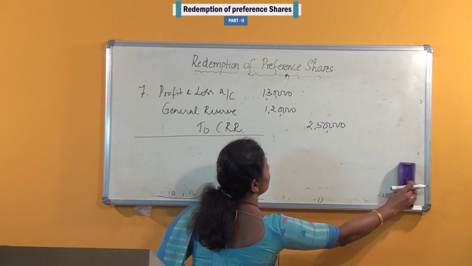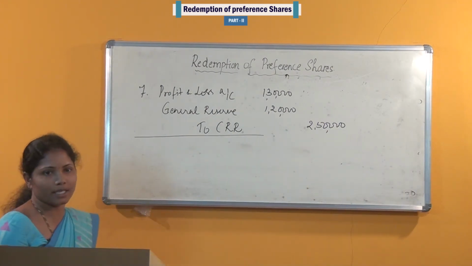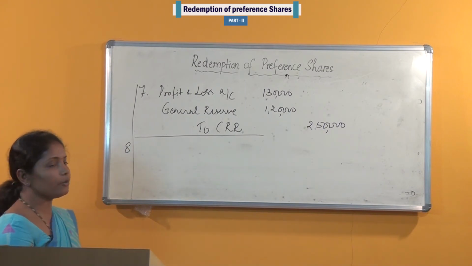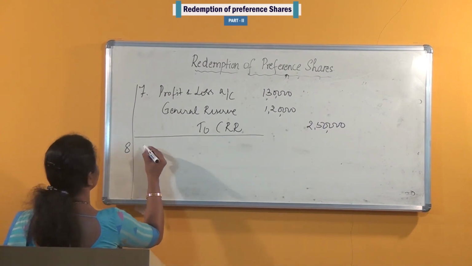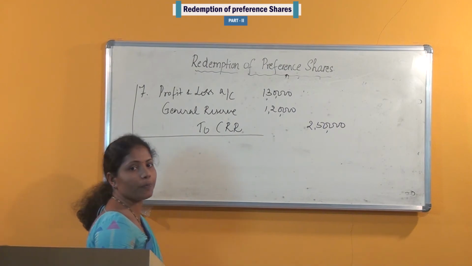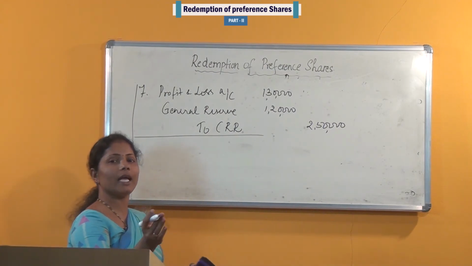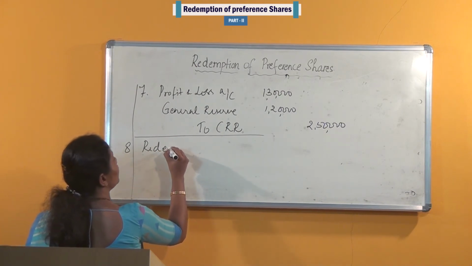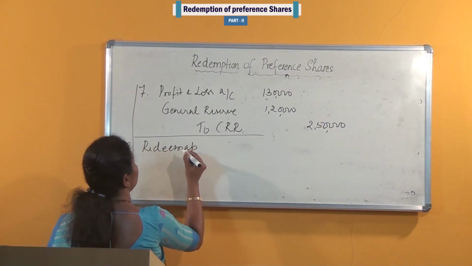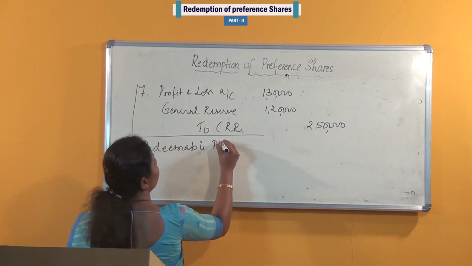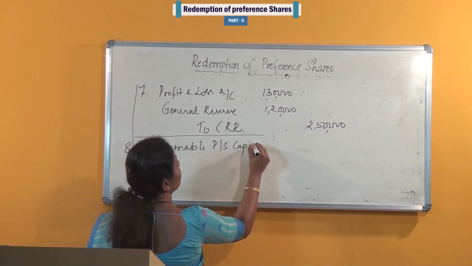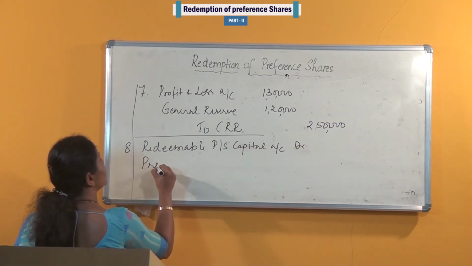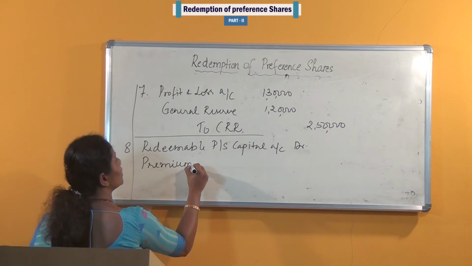Finally, we can move to entries relating to actual redemption. As I said in the previous sessions, we have to pass two entries here, one for amount due to preference shareholders and the other for actual payment. The entry for amount due to preference shareholders, redeemable preference share capital account debtor. As the redemption is at premium, it is a loss to the company.